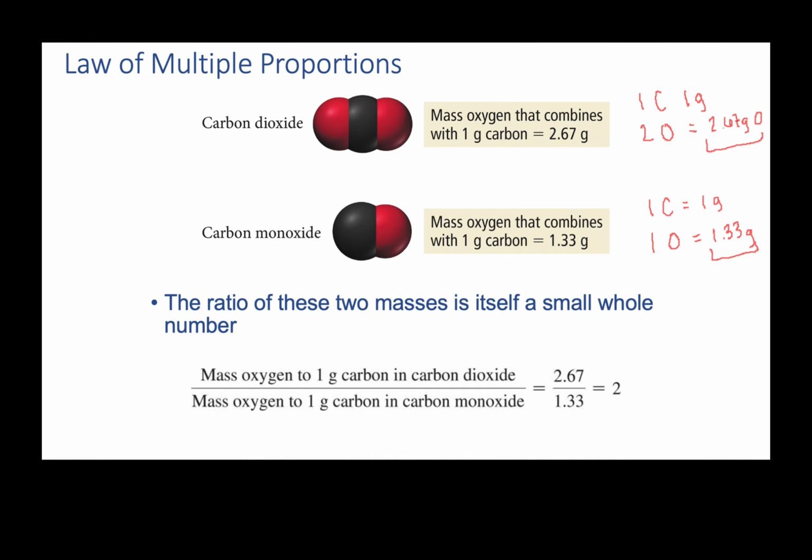So, okay, the math isn't too difficult to follow, but what does that actually mean for molecules? Basically, what this law of multiple proportions is saying is that elements will always combine in whole number ratios.